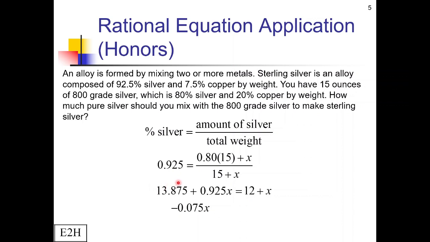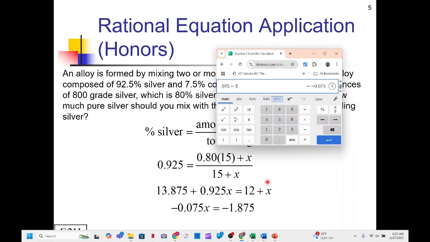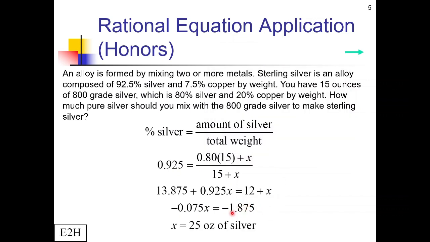That's going to be negative 1.875 on the right side. And then let me go ahead and divide. So negative 1.875 divided by another negative 0.075 comes out to exactly 25. So that's going to be 25 ounces of silver.